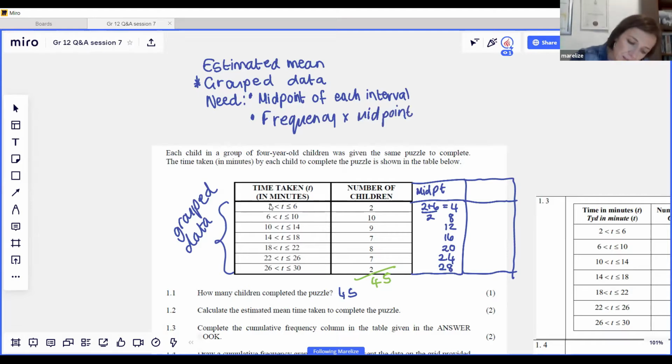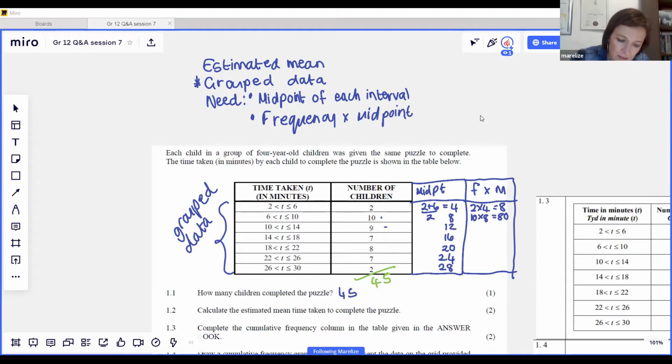So I'm going to make it F for frequency times M for midpoint. I'm going to take the frequency for this first class interval, which is 2, and multiply it by 4. 2 times 4 gives me 8. Then I take this frequency each time. In this case, it's 10 times 8. That's 80.